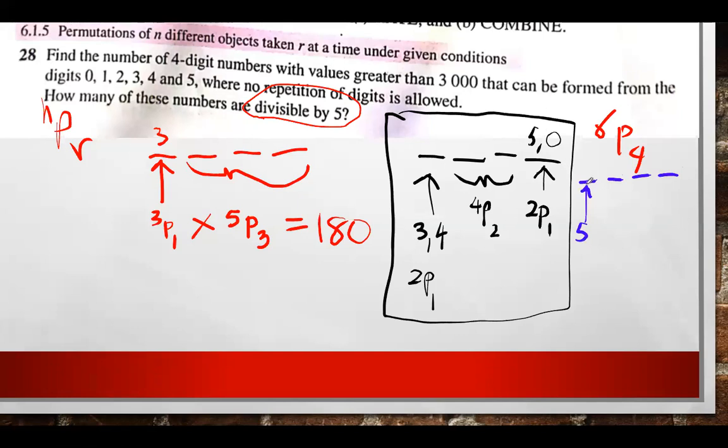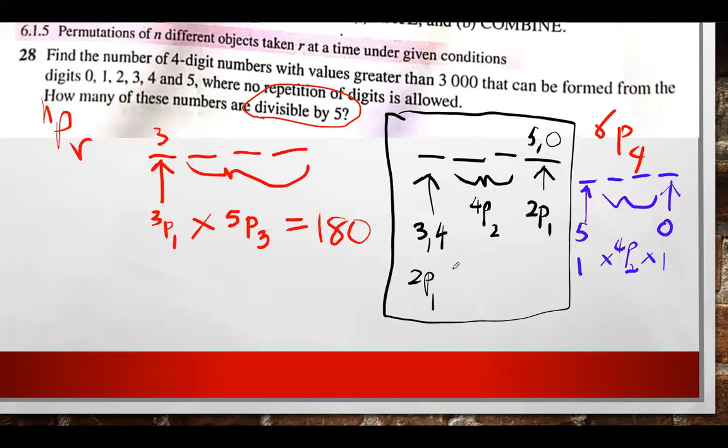If the front number is 5, then for the behind there's no choice, there's only 0. I can only put 0. Because there's only one number you can put here, this will be one way, and this will be one way. And then over here, once you have put the 2 numbers, this will also be 4P2. So 4P2 times 1 times 1.